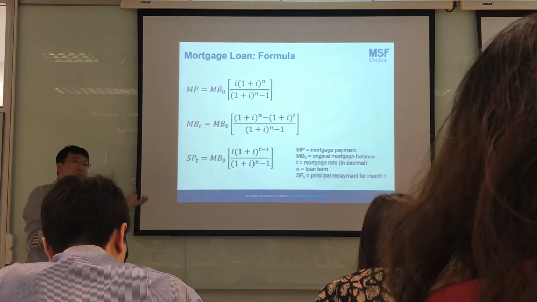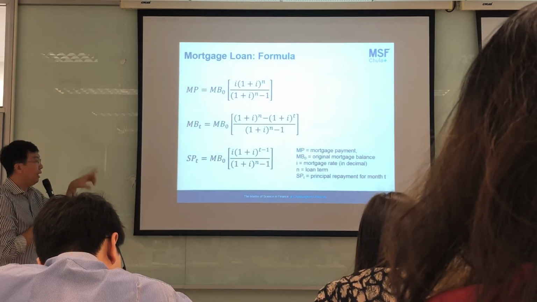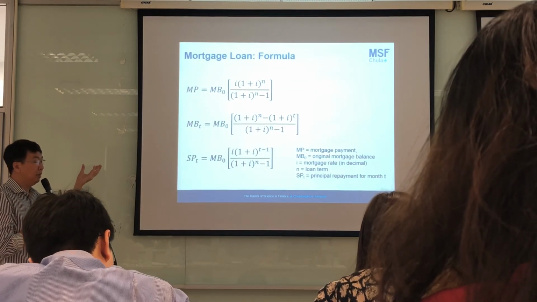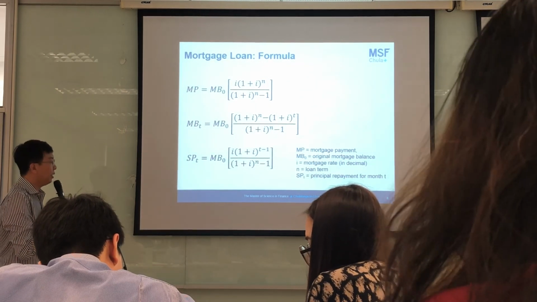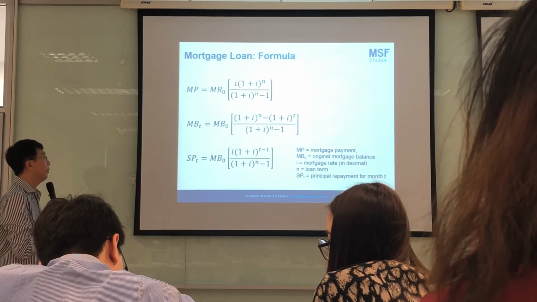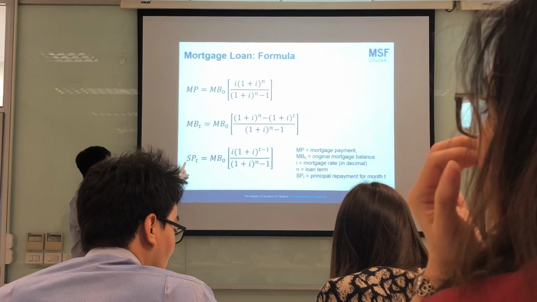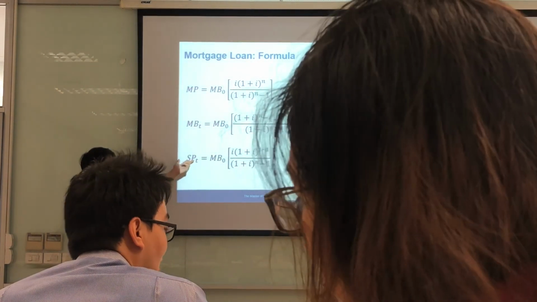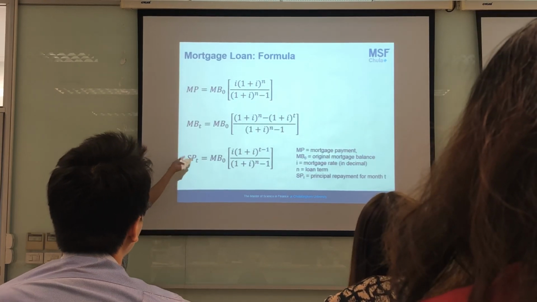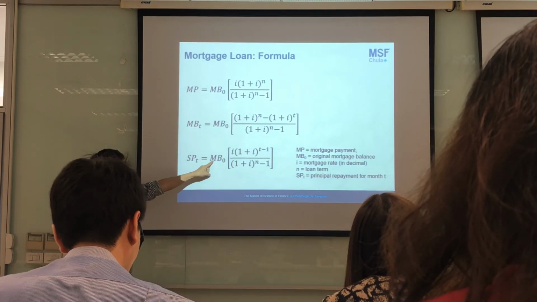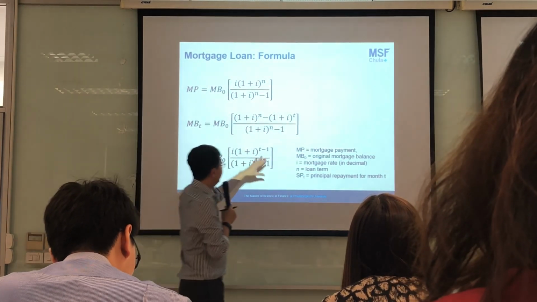N is the number of periods for this loan, 360. And T is the time at which we want to estimate the loan outstanding. The unit is month because we pay monthly. And SP is the principal repayment for month T, equal to the original mortgage balance multiplied by this.